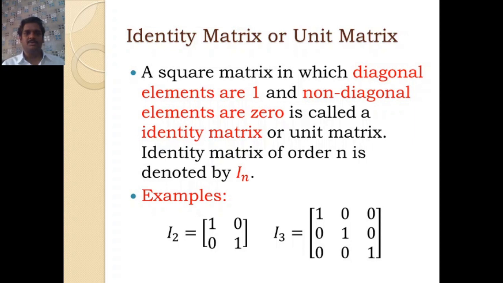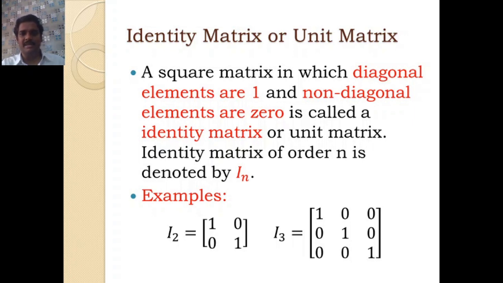First of all, focus on the fact that an identity matrix is a square matrix. The second thing to focus on is that in that square matrix the diagonal elements have to be 1. And the third thing is that the non-diagonal elements have to be 0.